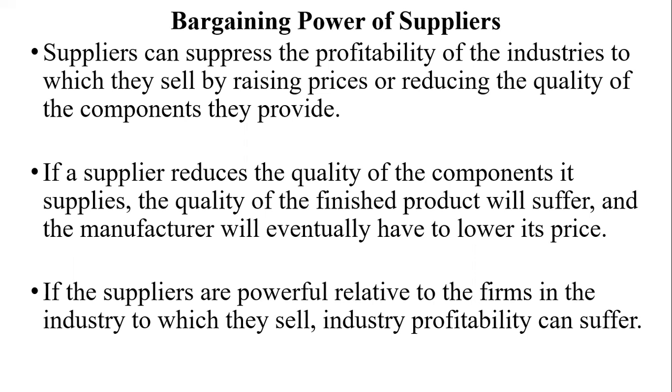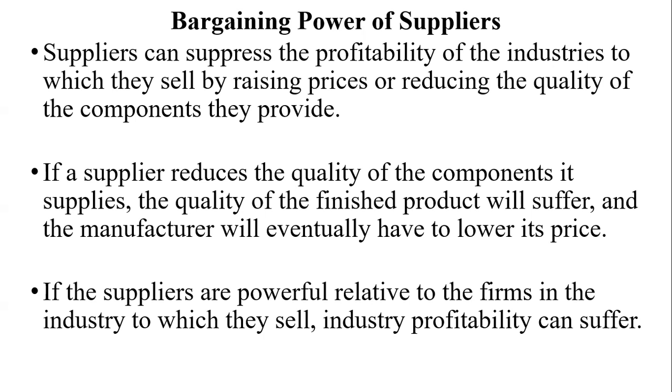Suppliers can suppress the profitability of an industry to which they sell by raising prices or reducing the quality of the components they provide. We are saying that suppliers can also affect the level of profit you achieve in a particular industry or in a market in two ways.